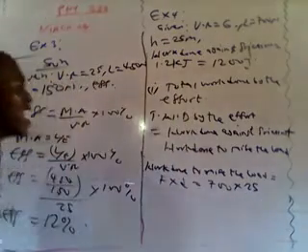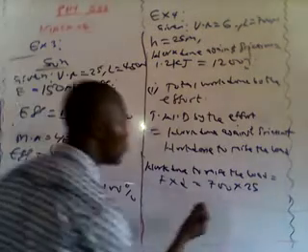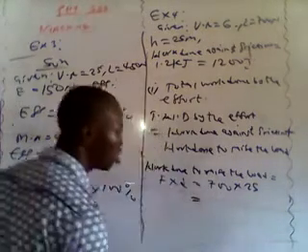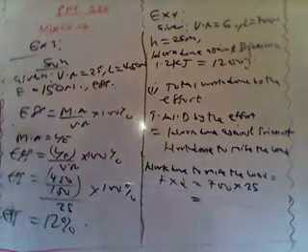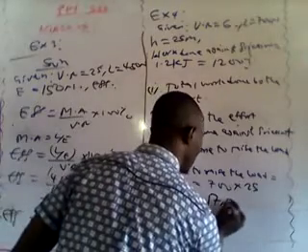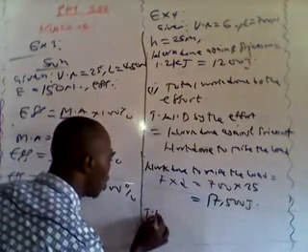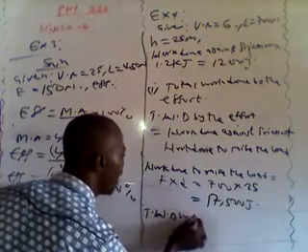I don't need to convert anything because my load is in newtons and the height is in meters. So 700 times 25 is 17,500 joules.